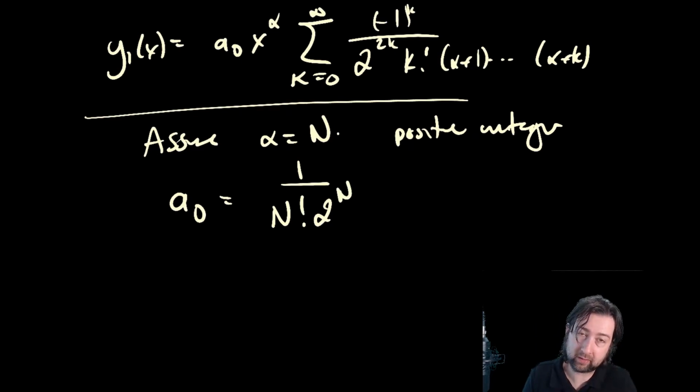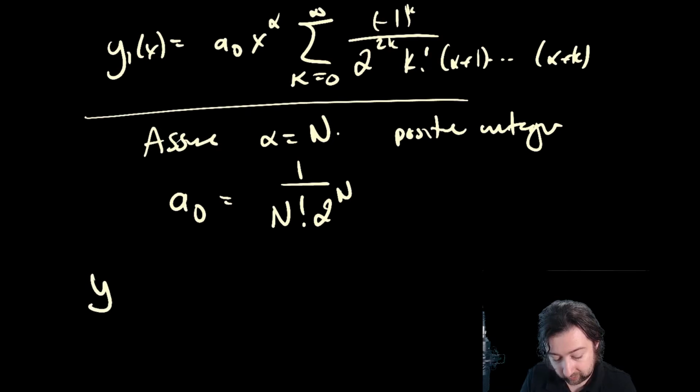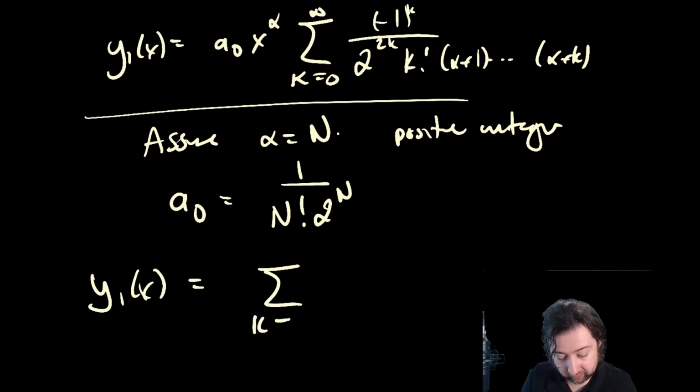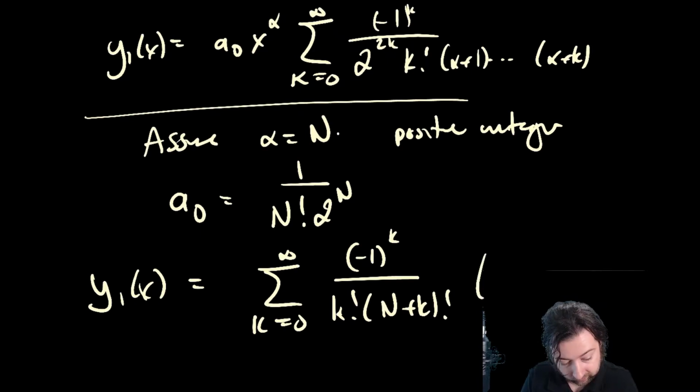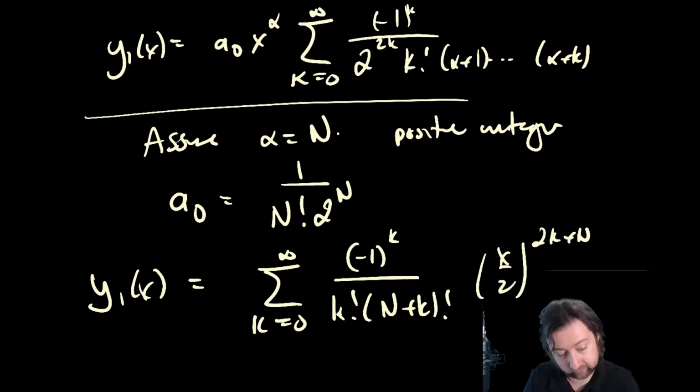And if you do that, and you multiply that into the formula, you end up with this really interesting algebraic collapse that happens, which looks like this. y1 of x in this case can be written as the sum from k equals 0 to infinity of (-1)^k over k factorial times (n + k) factorial times (x/2)^(2k+n).